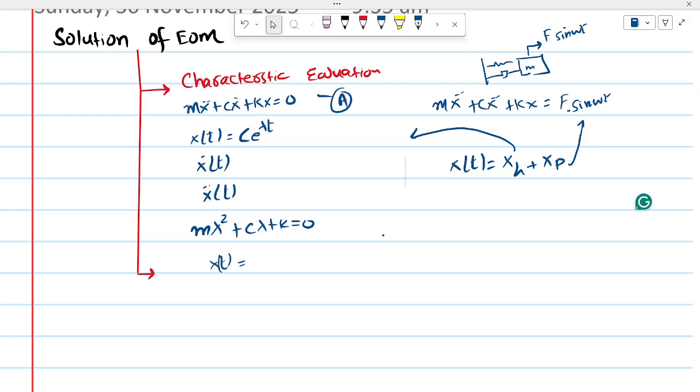Another approach, if you have multi-degree of freedom, is called the state space method. It's not only the modeling, not only the equation of motion method, rather it also solves it.